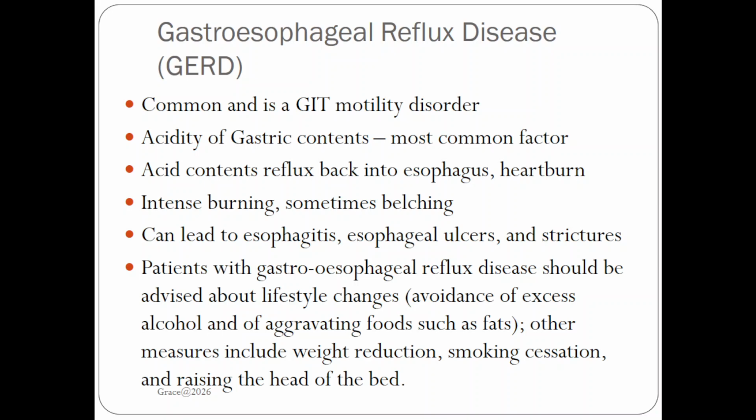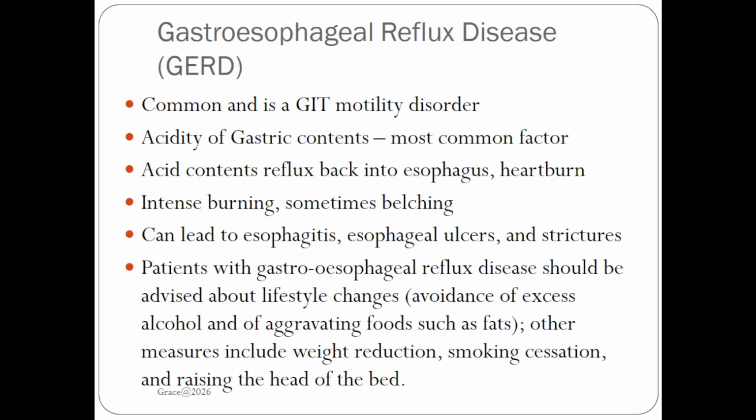So today I'm going to look at what we call gastroesophageal reflux disease. This specific condition is common when there is a disorder of GI motility, and when there is acidity of the gastric content.